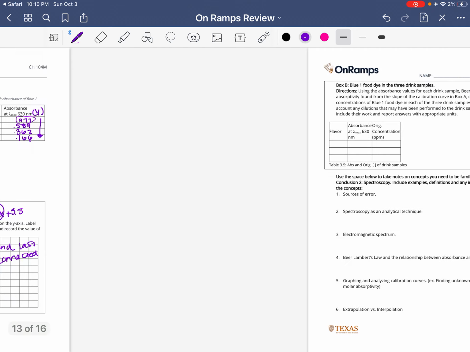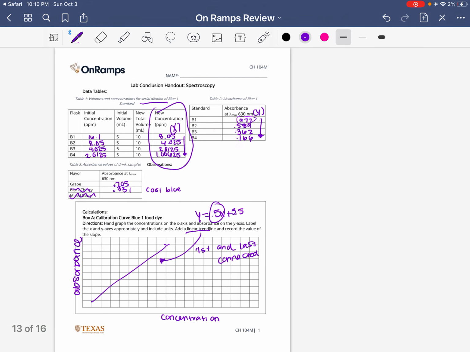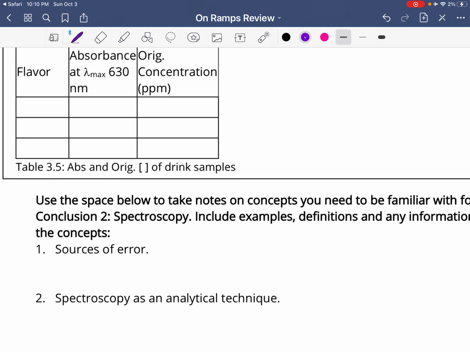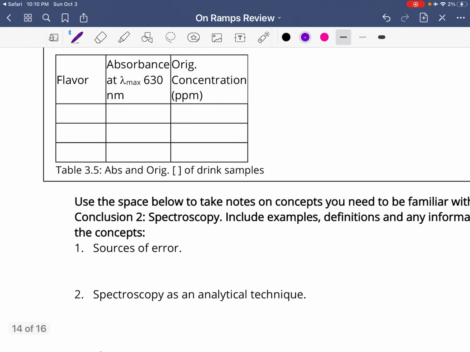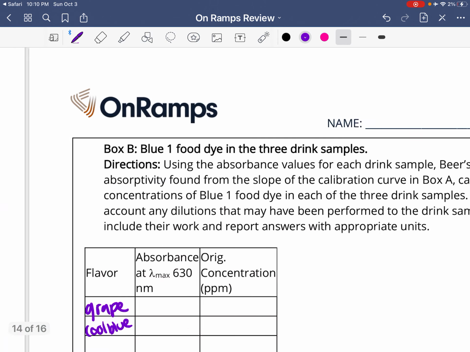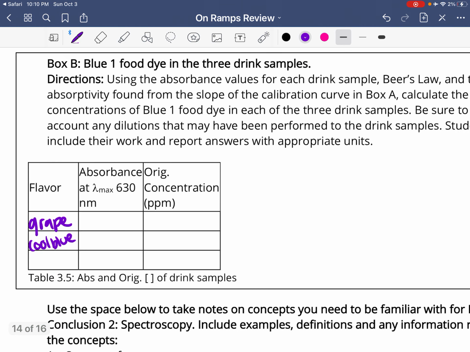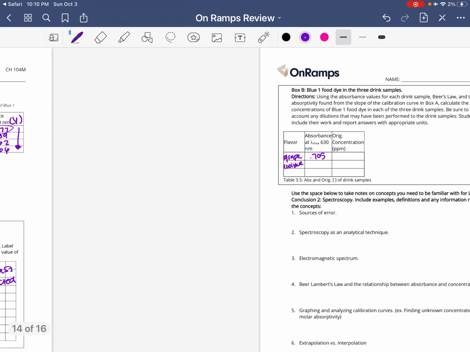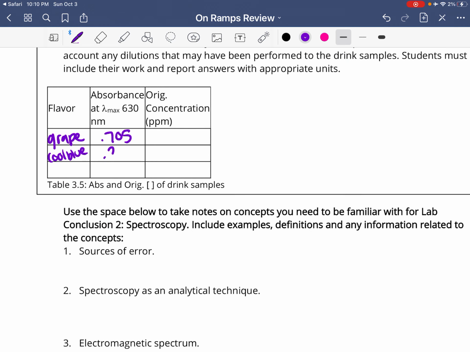So once we have done that, we are going to come over here and figure out our concentration. So we have grape and we have cool blue that we did. Okay, so our absorbances were 0.705 for grape and 0.331 for cool blue.